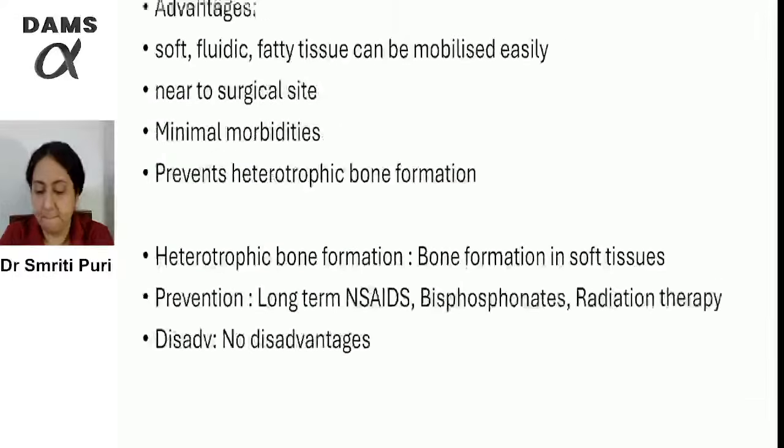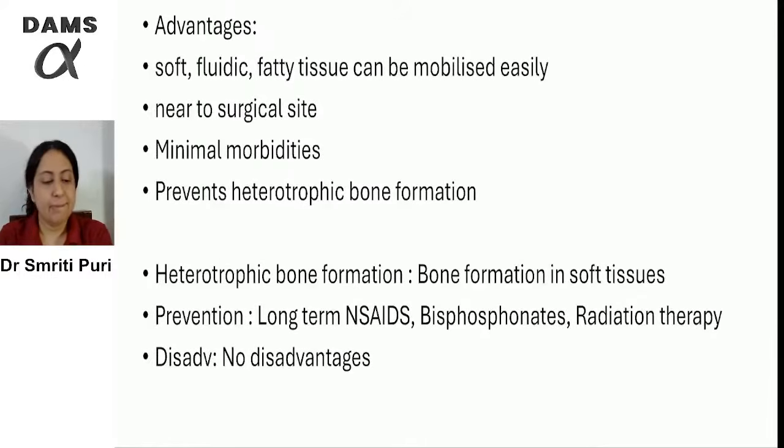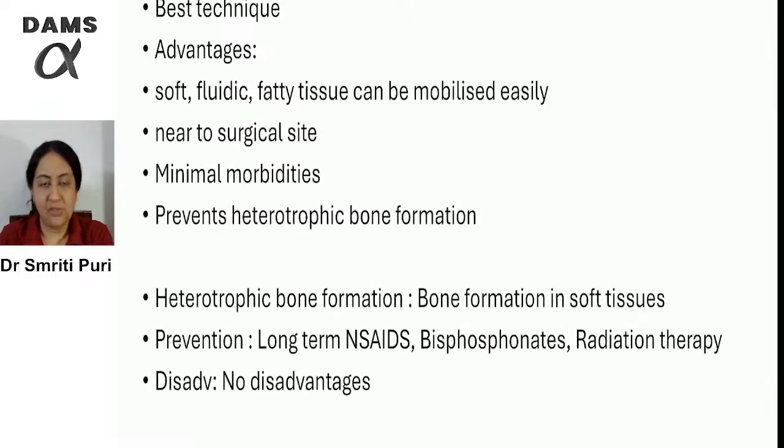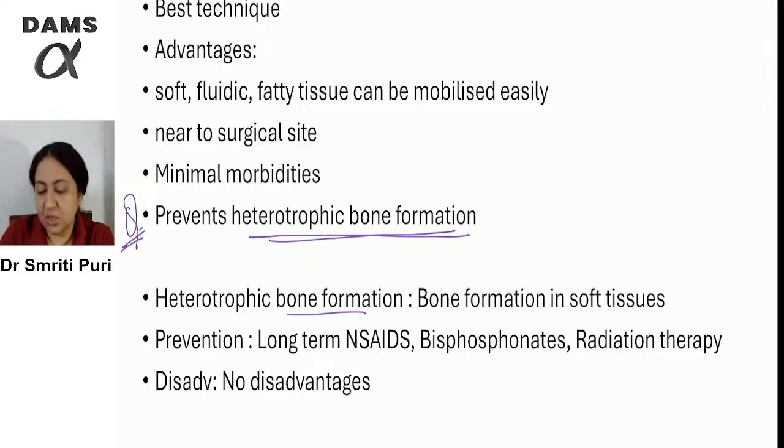Now you can go through this buccal fat pad slide, but the point that I want to emphasize is that it prevents heterotopic bone formation, that is, bone formation within soft tissues. This is what buccal fat pad does.